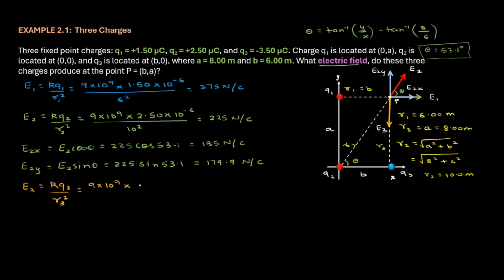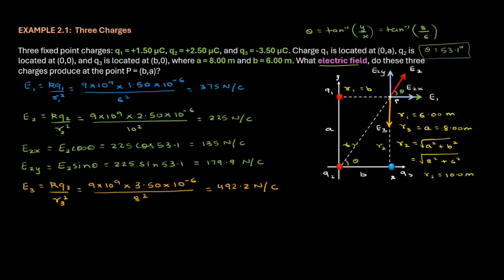So I will just take the magnitude, which is 3.5 micro, so 10 to the power negative 6 over R3, which is distance A, so 8 squared. That will give me E3 to be equal to 492.2 Newton per coulomb.